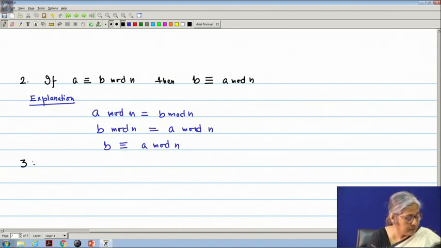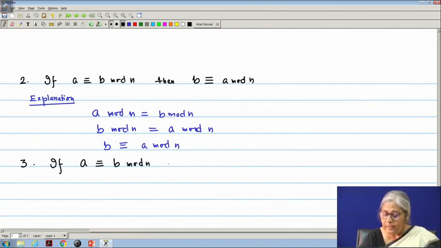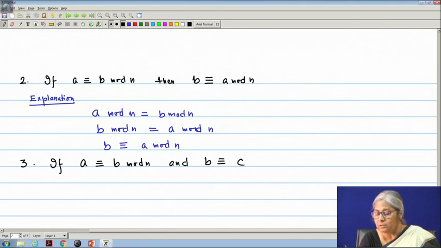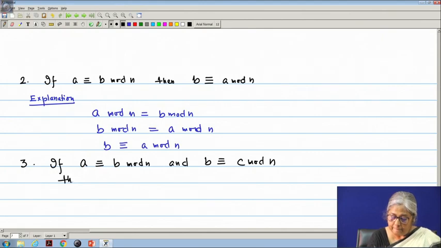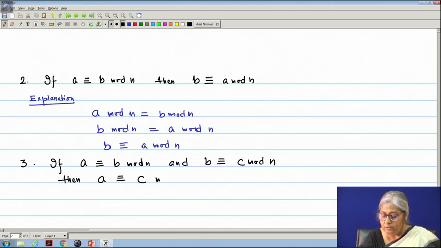Now, the third property, property 3, we can write that if a is congruent to b modulo n and b is congruent to c modulo n, then a is congruent to c modulo n.